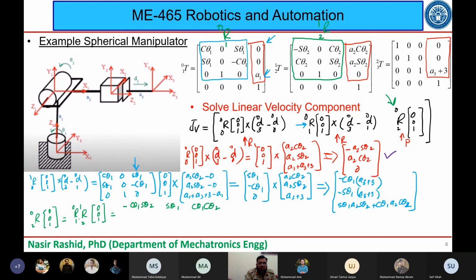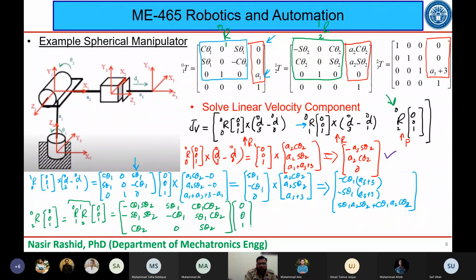This is the multiplication of these two, keep this in mind. Minus sin theta 1, sin theta 1 sin theta 2, minus cos theta 1, this is sin theta 1 cos theta 2, then cos theta 2, 0 and sin theta 2, and I have to multiply this again with the same 0 0 and 1.